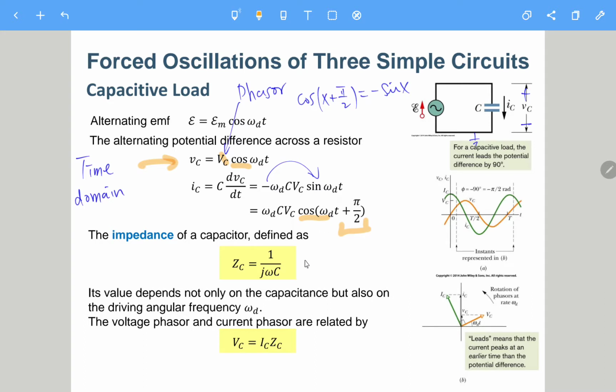Okay, so here we'll try to define this. This is the so-called impedance of the capacitor, which is Z equals 1 over j omega C. So actually in the textbook, the presentation of this part is not like this. It tells you Z will be 1 over omega C, something like that, or negative 1 over omega C. But yeah, it's quite strange.